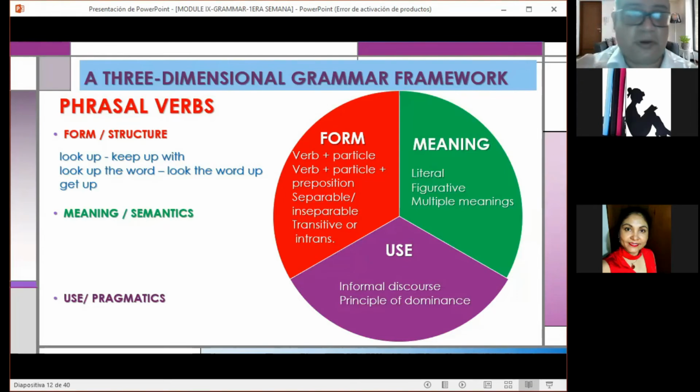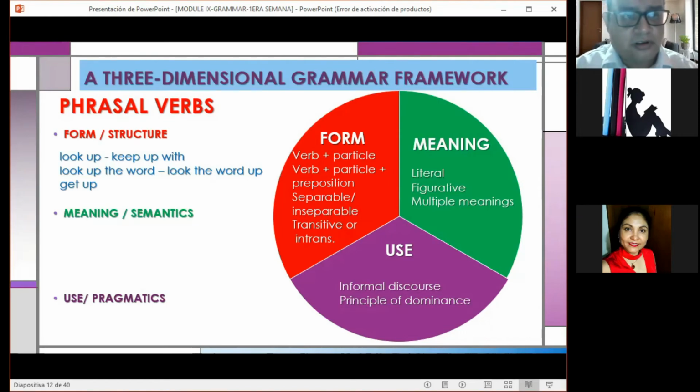And this is the meaning of keep up with: to be updated, to be informed with actual news. All right, this is keep up with. So notice this is the form, a verb plus a particle, or a verb plus a particle plus preposition or another particle.